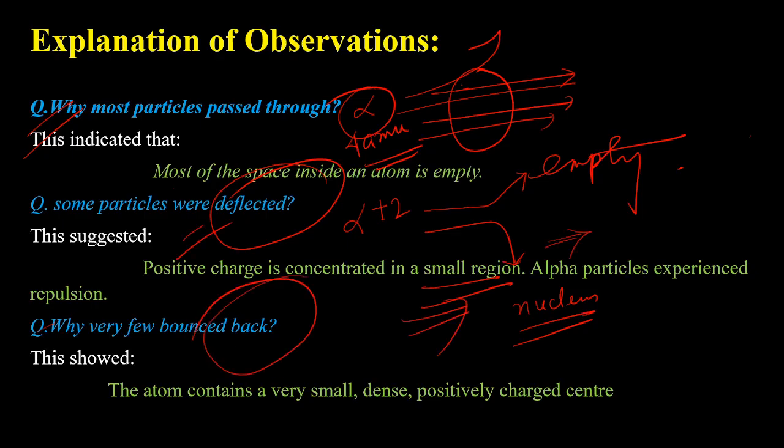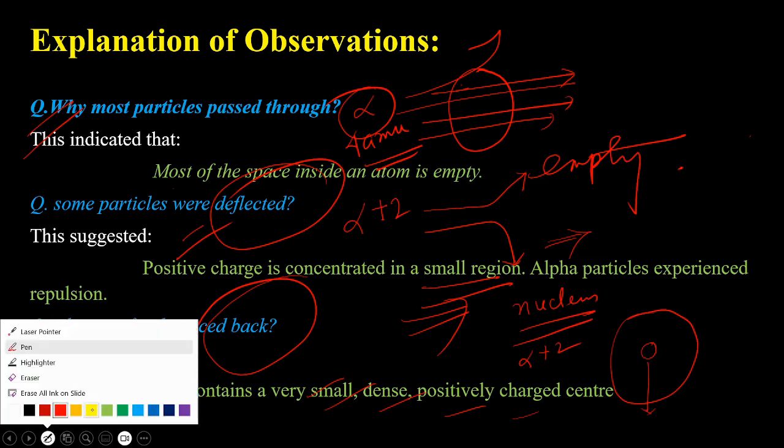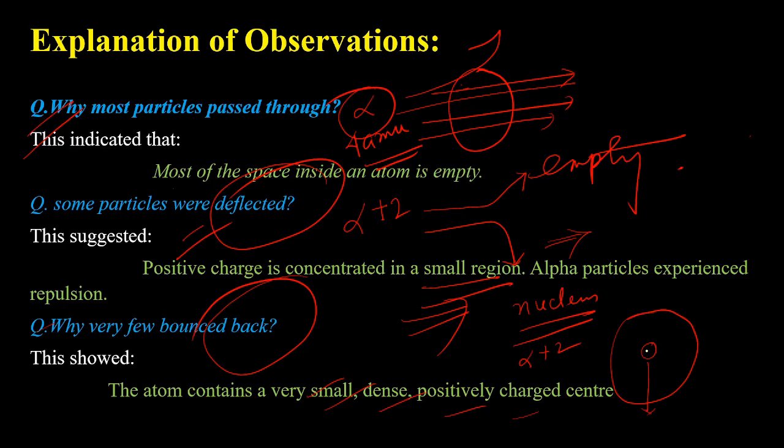Very few of the alpha particles bounce back. That means the atom contains a very small, dense, positively charged center. As the alpha particle has positive charge on it, there must be a small dense center inside an atom, and all the positive charge of the atom must be centered inside it.